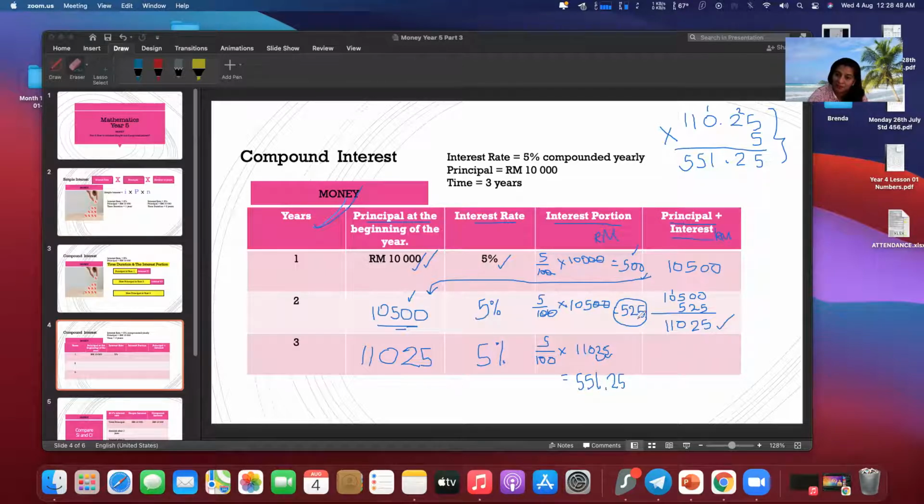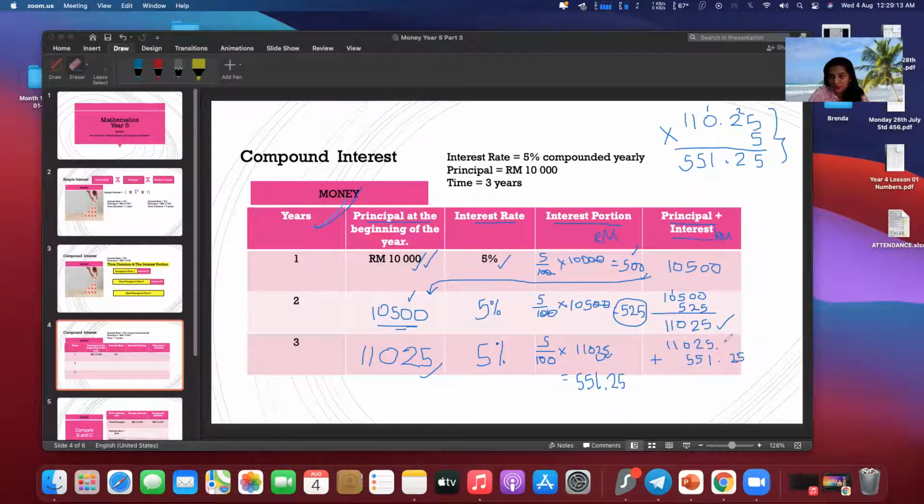Much more than 525. So now in your third year, at the end of the third year, how much money would you have? You would have 11,025. Okay, 11,025. That was your principal, plus 551 ringgit and 25 cents.